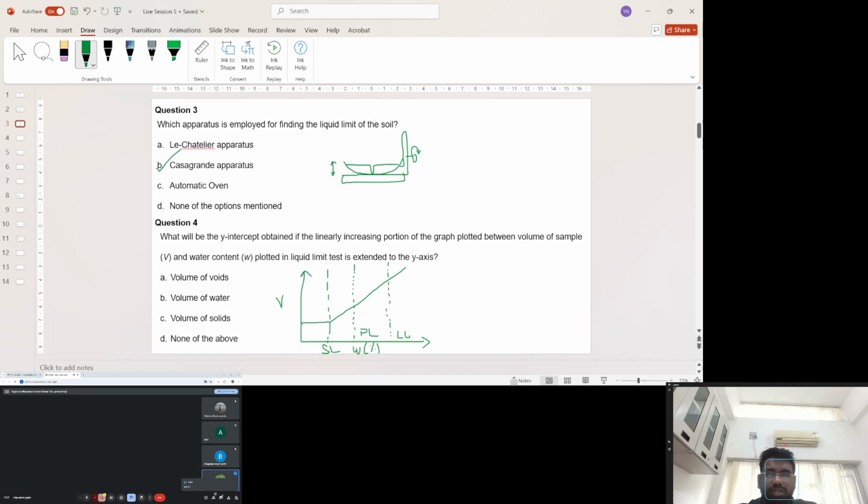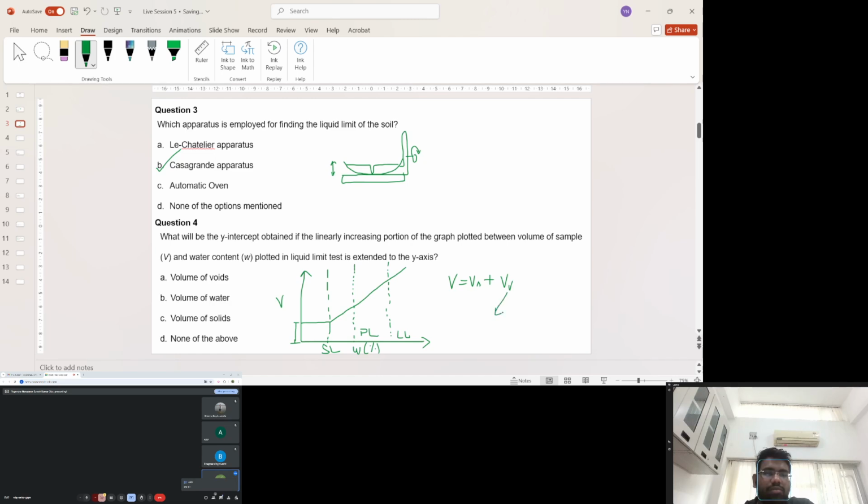Even if it is air dried after the shrinkage limit, and even if you oven dry it so that the moisture content is completely zero, in that case the total volume is volume of solids plus volume of voids.